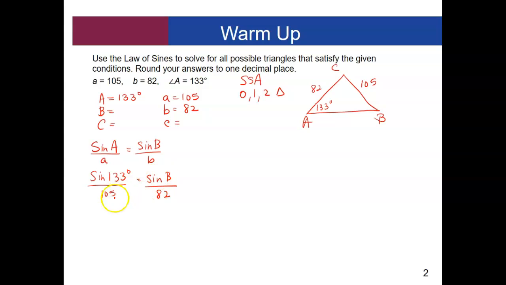So we want to then cross multiply. Okay, we want to get B by itself, so the first step in that process is to get rid of this 105. And then we also want to get rid of sine, so we'll do that by taking the inverse sine of both sides.